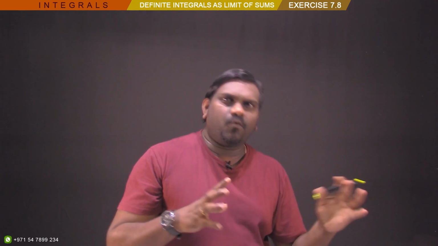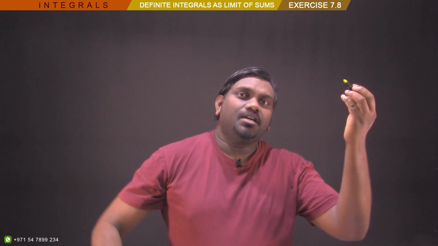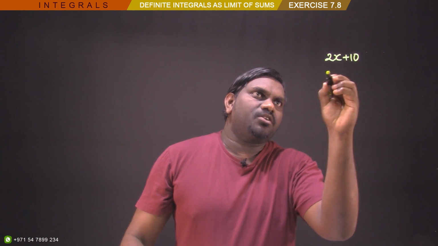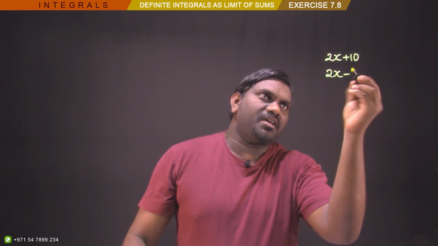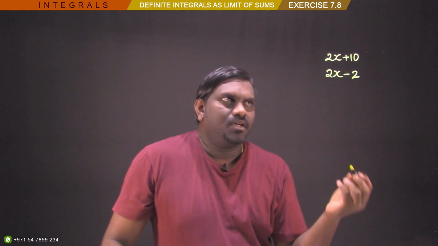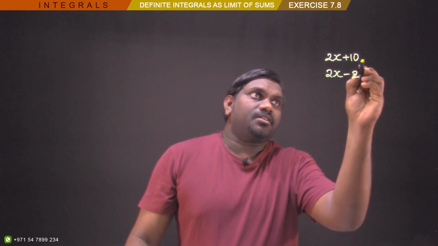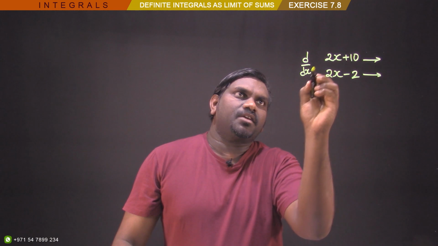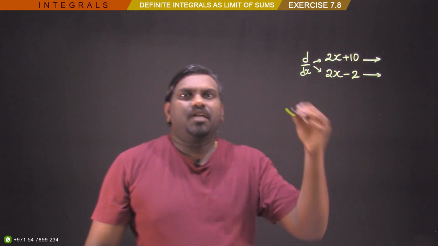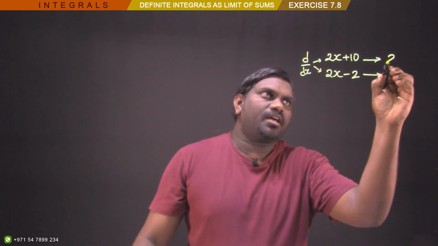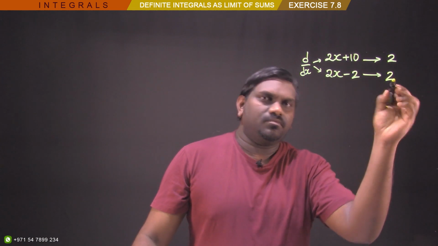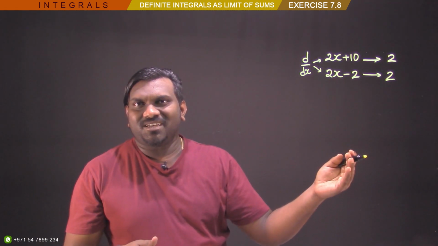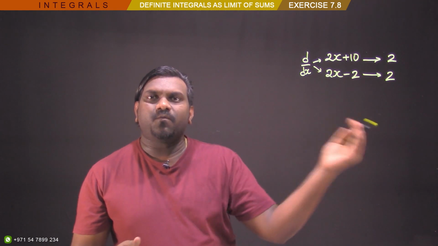I just want to give a brief of what we have done so far. Okay, we have studied differentiation. Maybe I'm going to write two functions, dear, 2x plus 10 and 2x minus 1, or 2, or any number. When you differentiate them, you are going to find dy by dx of this as well as this, and when you differentiate this function, dear, what you get is 2, and here also 2. And as we have been telling you, integration is a reverse process of what?